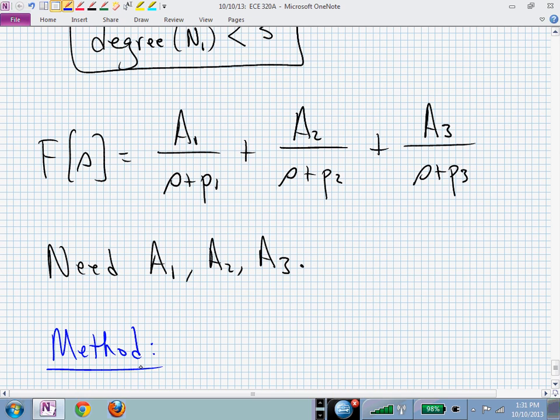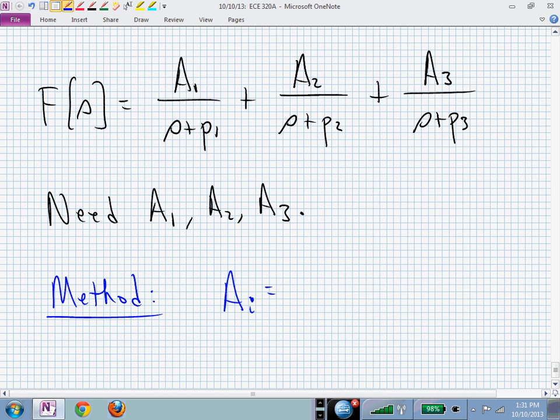Do you remember the method to do that? A sub I is equal to what? I multiply every term by the denominator expression associated with my coefficient of interest.